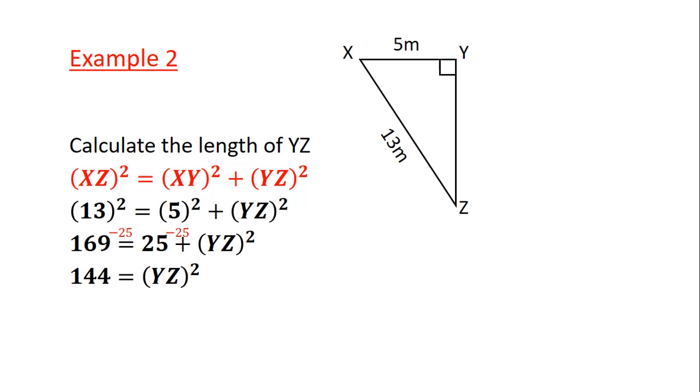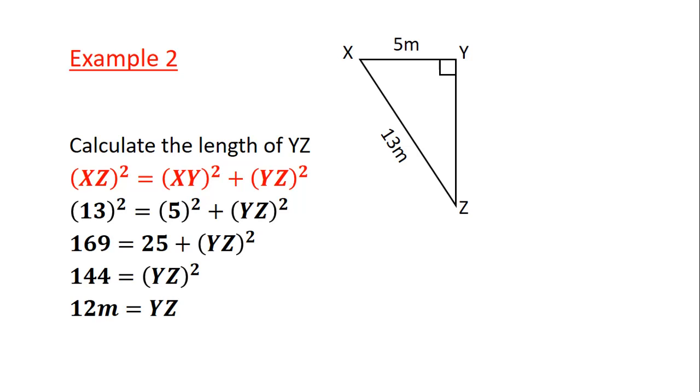Now we don't want YZ squared, we want to just have YZ, and so we take the square root of both 144 and YZ squared. The square root of 144 is 12, and remember now we put the units back, so that's 12 meters equals, and the square root of YZ squared is just YZ.